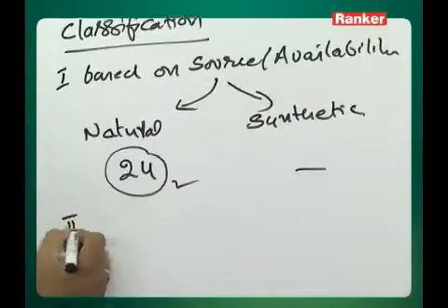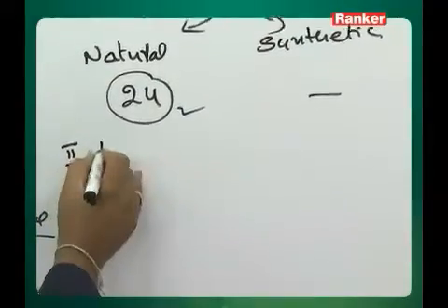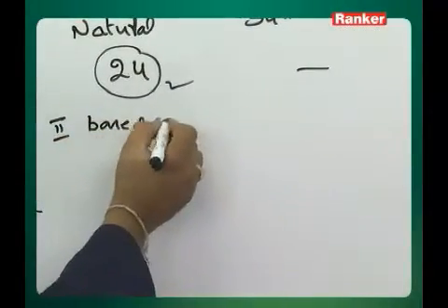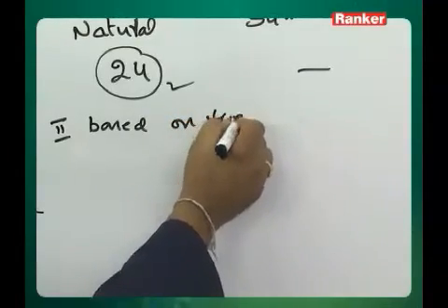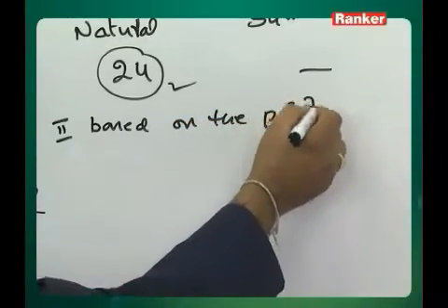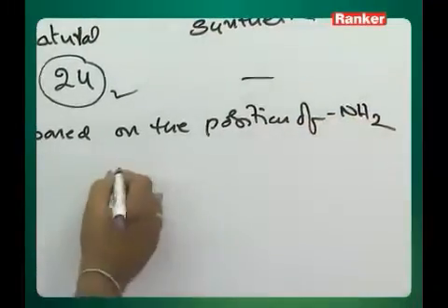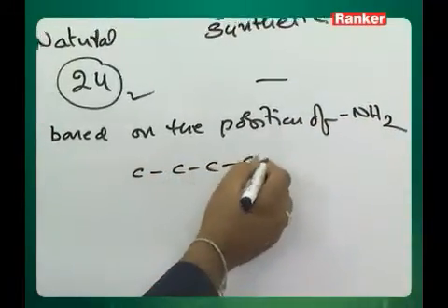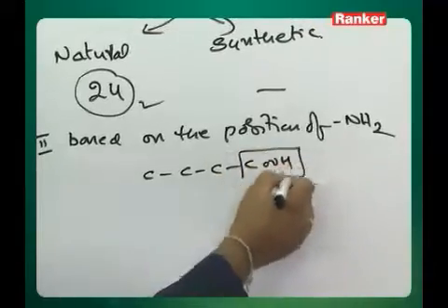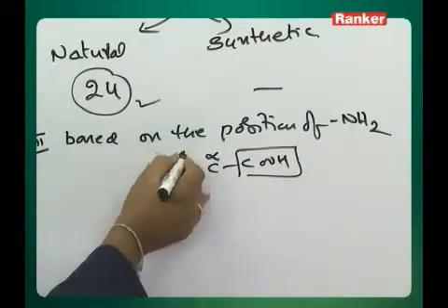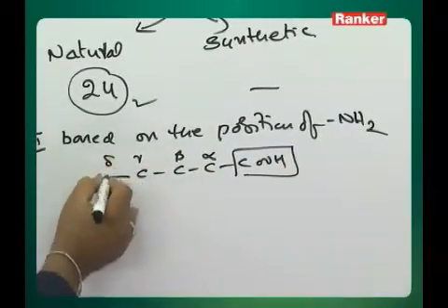The second type of classification is based on the position of the NH2 group. Imagine there is a carboxylic acid; leaving the functional group, the carbons are called alpha, beta, gamma, delta and so on.